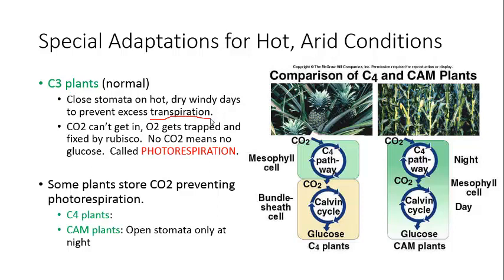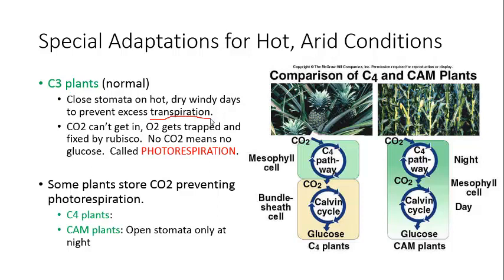Without carbon dioxide, you cannot produce glucose. So if the stomata close and oxygen begins entering the Calvin cycle instead of carbon dioxide, a really wasteful process takes place called photorespiration. Well, how then do plants live in hot, dry, or windy conditions?